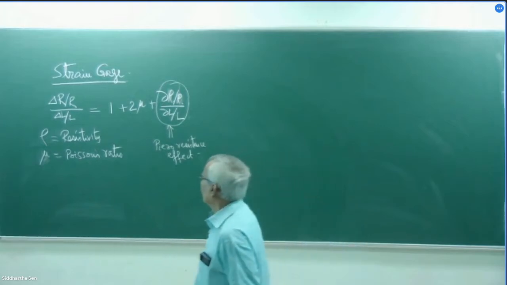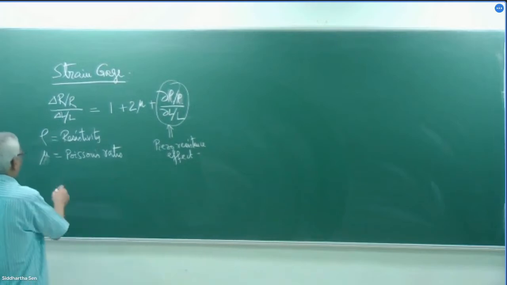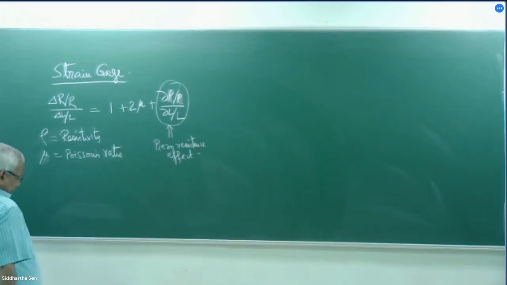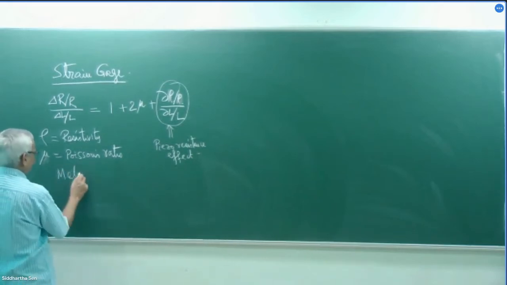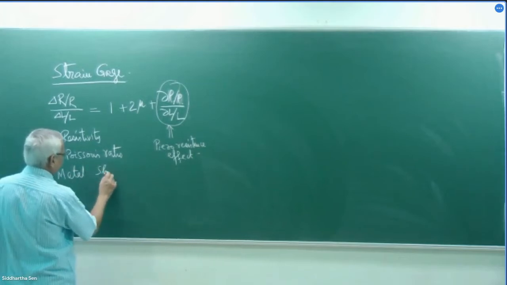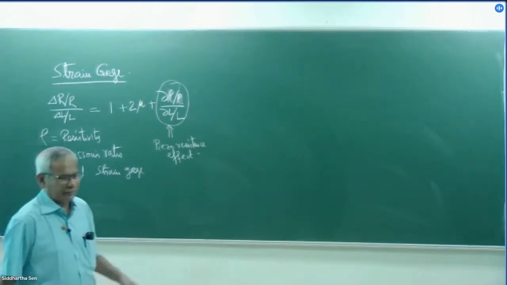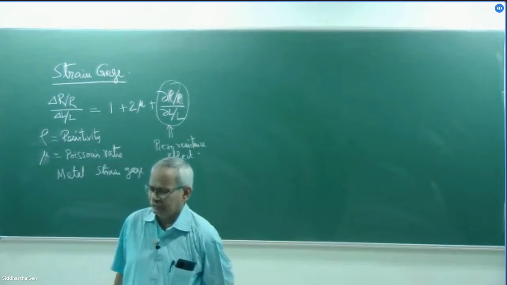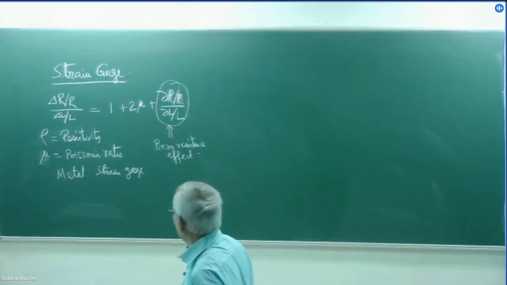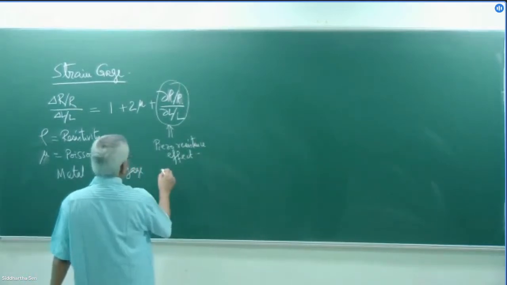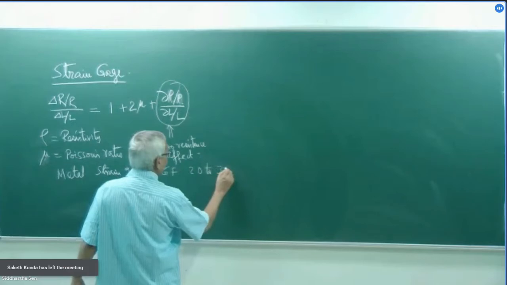We have also seen that the strain gauges are mainly foil type strain gauges, and there are two types. One is a metal strain gauge, mostly made of alloys like advance and nichrome, and their gauge factor normally varies between 2.0 and 3.5 or 4.